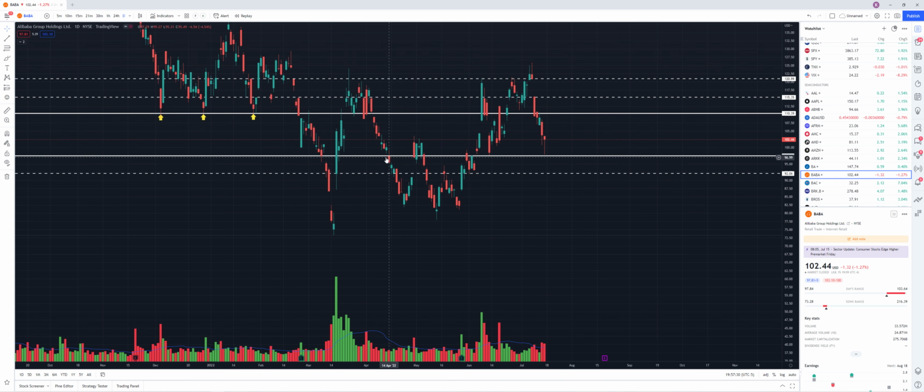It came back up right here, and again it tried to have a little bit of resistance, and then there had to be a gap down. The bears had to gap down in order to break this level again. So this $110 level is a great level to watch whenever it is coming down.